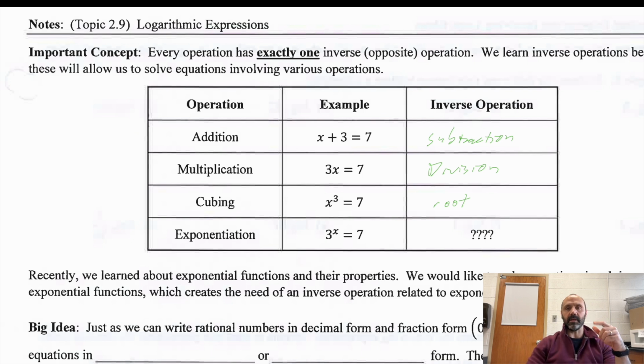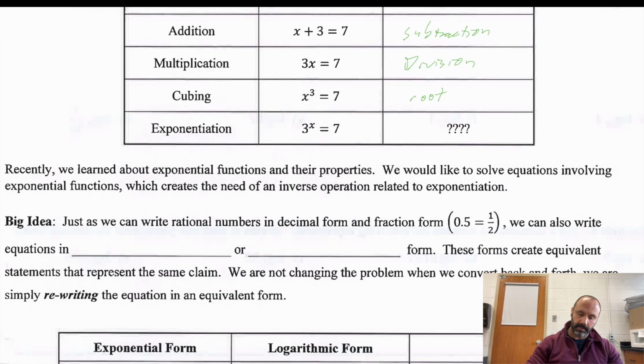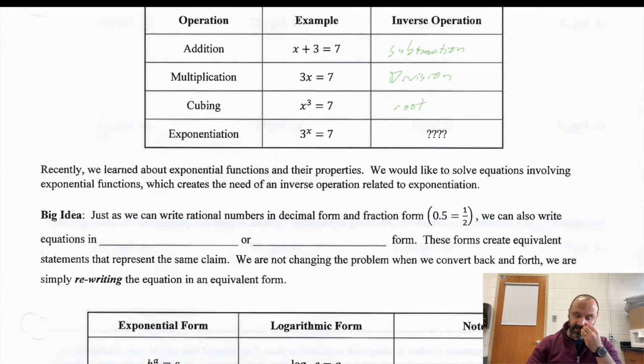But what is the inverse function of exponentiation? In other words, 3 to the x equals 7, what would be the inverse of that? And that's where logarithms come in. Just as we can write rational numbers in decimal form or in fraction form, when it comes to exponents, we can write them in exponential form or in logarithmic form.